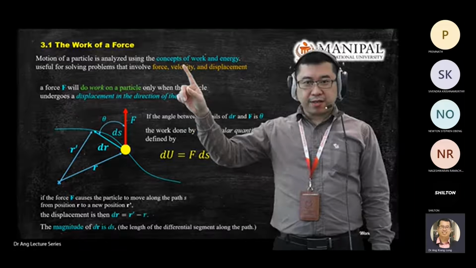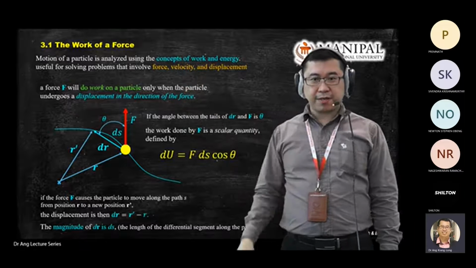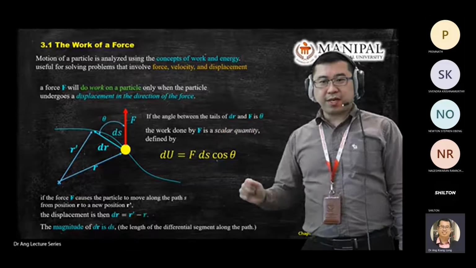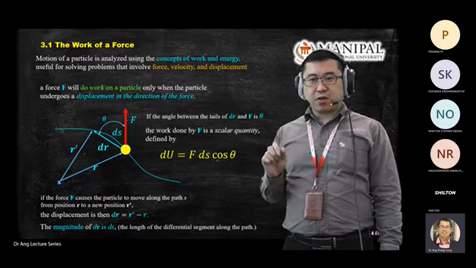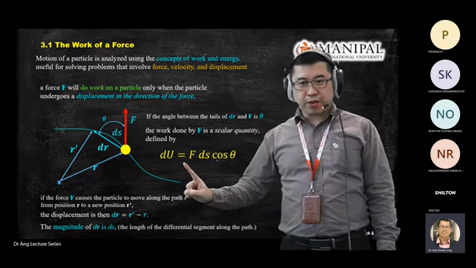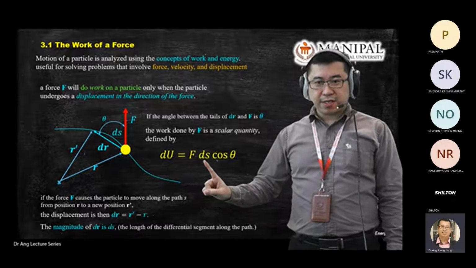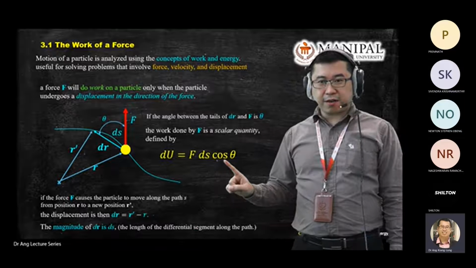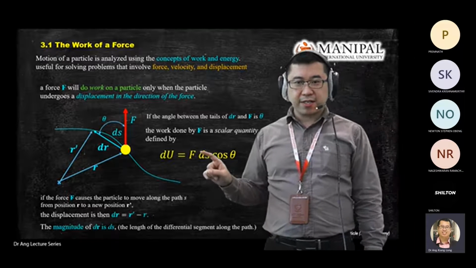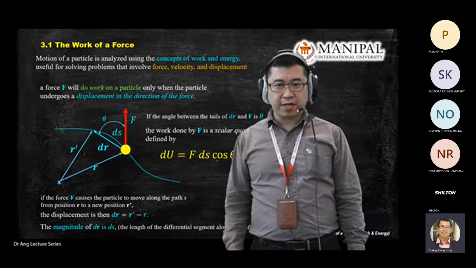Back to the definition: how does work take place? When your force and displacement are in the same direction. So when your force times the distance times cos of the angle, you create work.